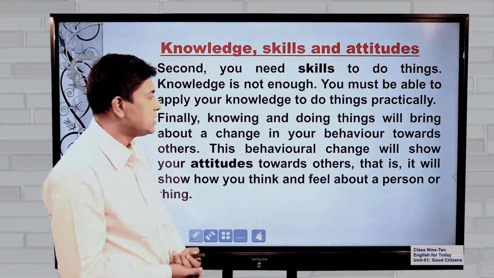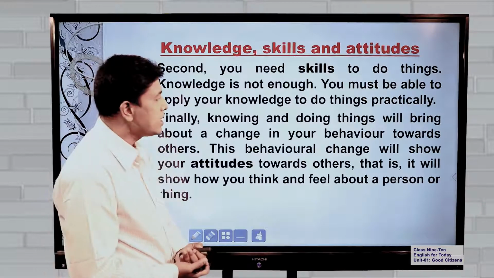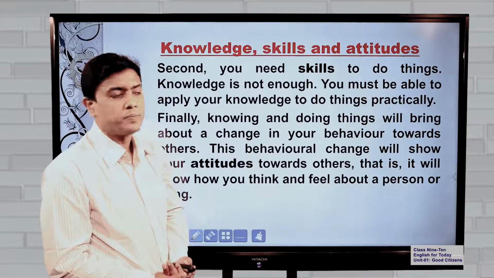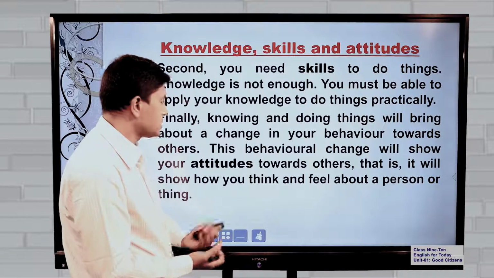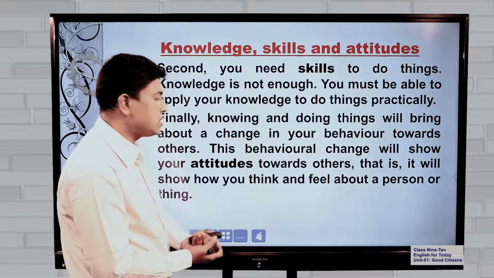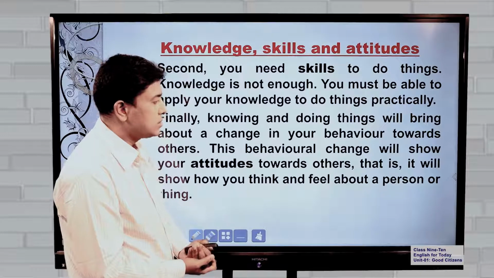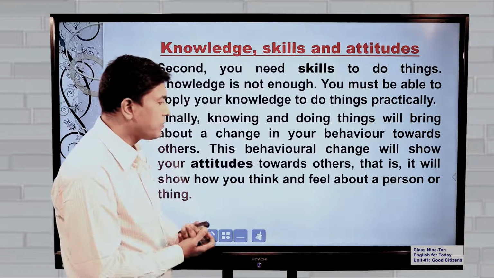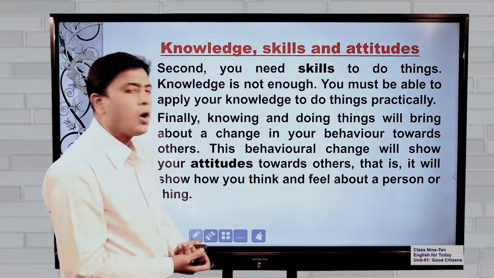And finally, knowing and doing things will bring about a change in your behavior towards others. This behavioral change will show your attitudes towards others. That is, it will show how you think and feel about a person or thing.